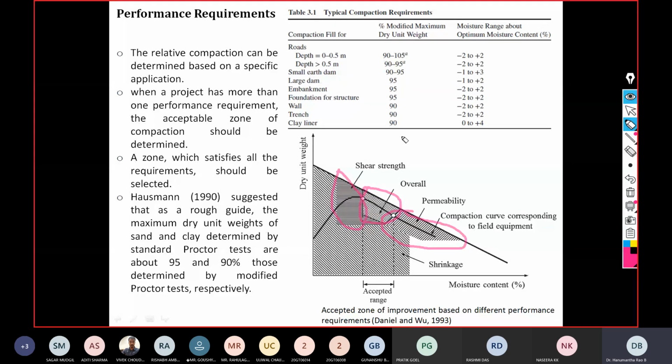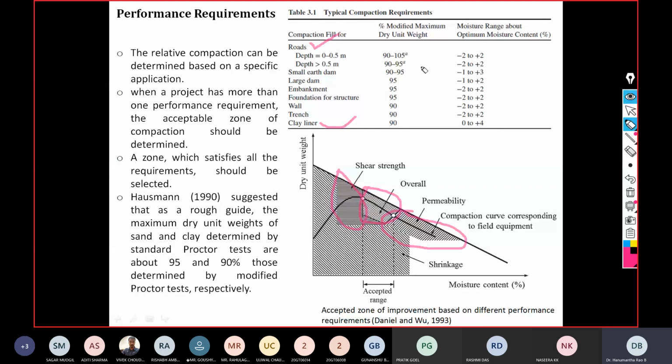If you compare the application of the clay liner with the application of the road, in case of the road, the strength is pivotal, while in case of the clay liner, permeability is the key. By no means we should allow the movement of leachate from the clay liner. So therefore, in this case, the density could be less, but it should be on the optimum moisture content because the permeability should be as least as possible.